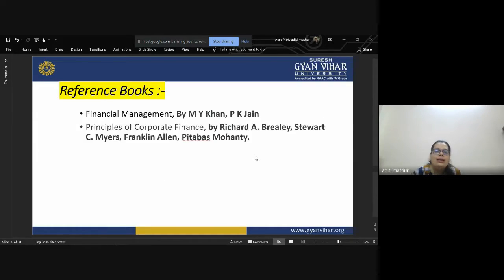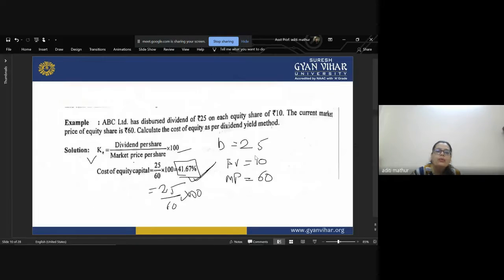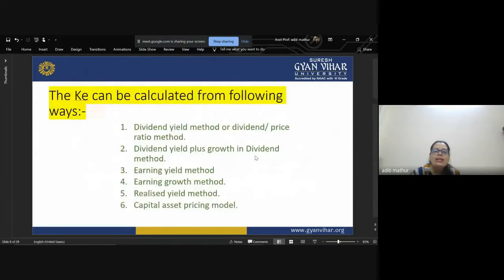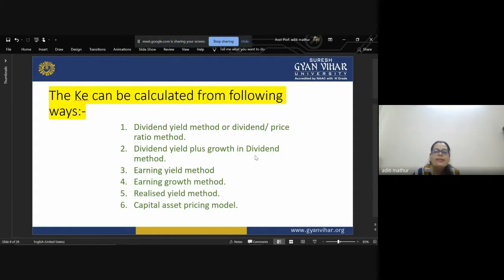Right? Now let us have a quick recap of what we have studied today. Today we have studied how to calculate cost of equity. We have 6 methods to calculate cost of equity. The first method is the dividend yield method or dividend price ratio method.